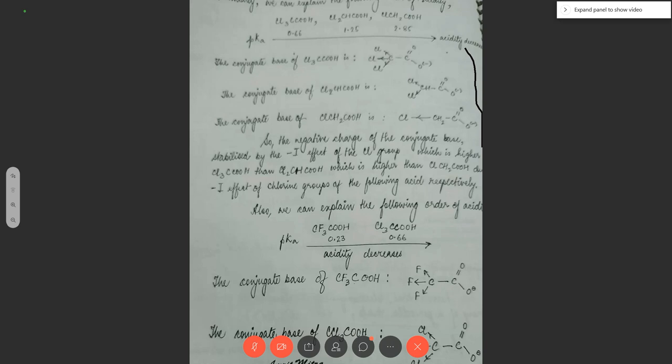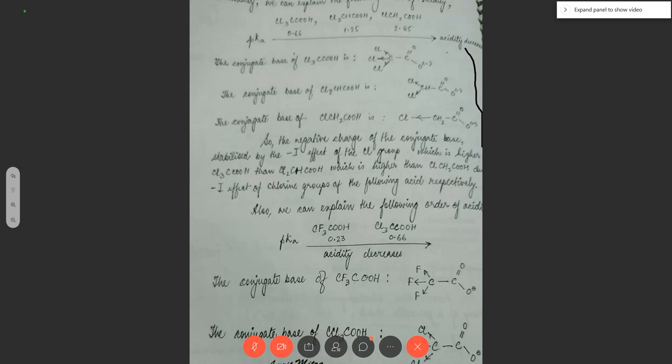If it was CF3 in place of chlorine, if it was fluorine, trifluoroacetic acid will be more acidic than trichloroacetic acid, right? Because fluorine is the most electronegative atom in the periodic table. So that is why trifluoroacetic acid is more acidic than trichloroacetic acid.